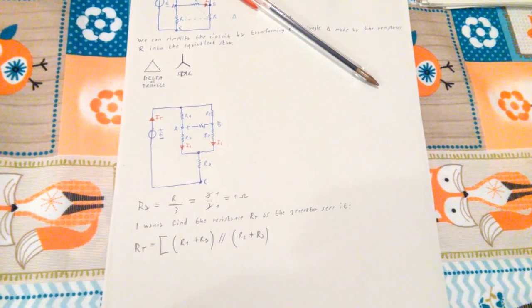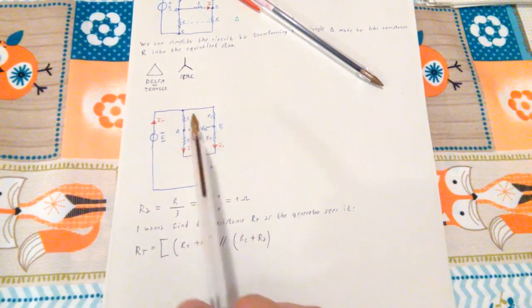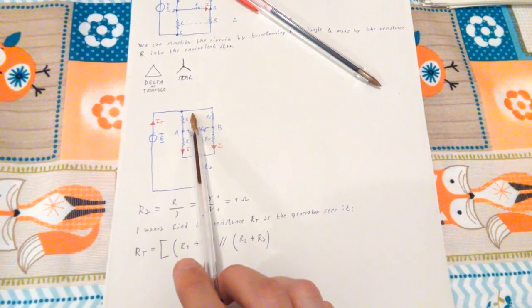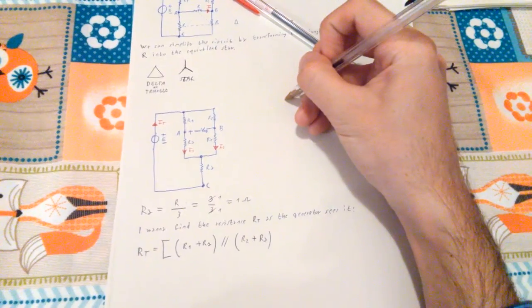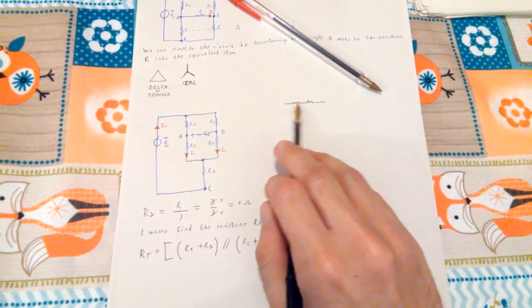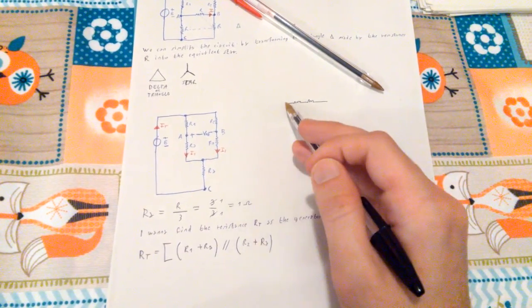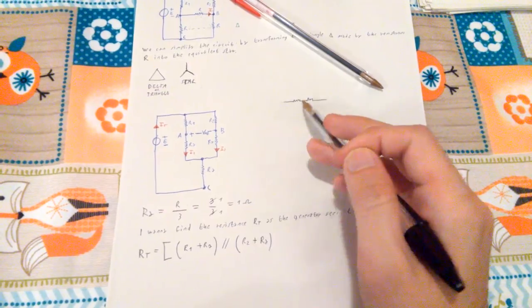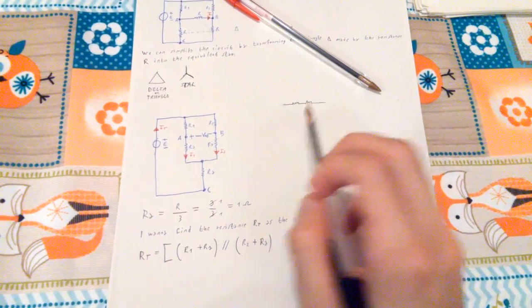So what does it mean, series and parallel? Basically, if you have two resistances which are like this, attached to the same node, on the same end, so they share only this one, then they're going to be in series.